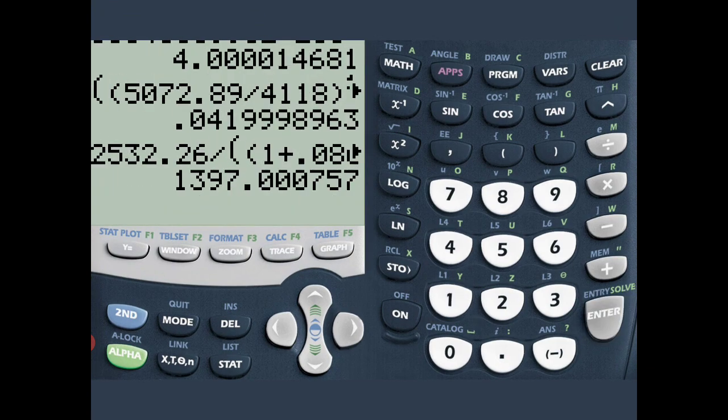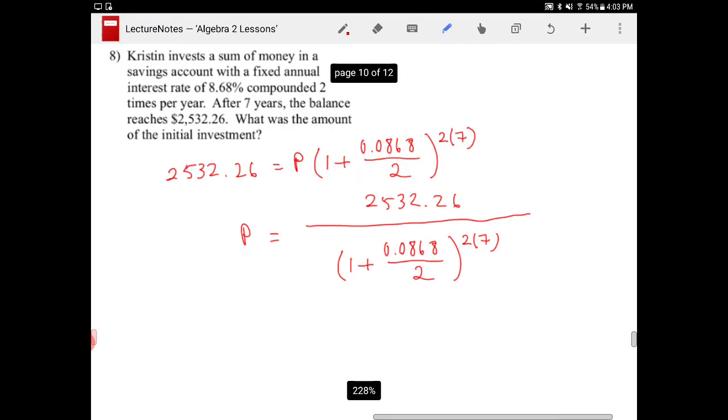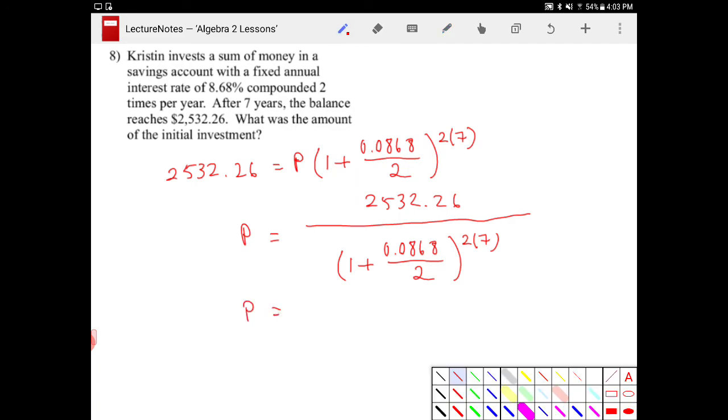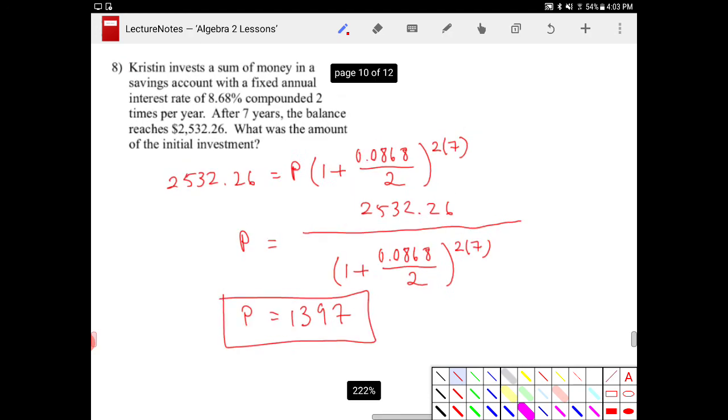And then enter. 1397. 1397 is my answer. There you go.